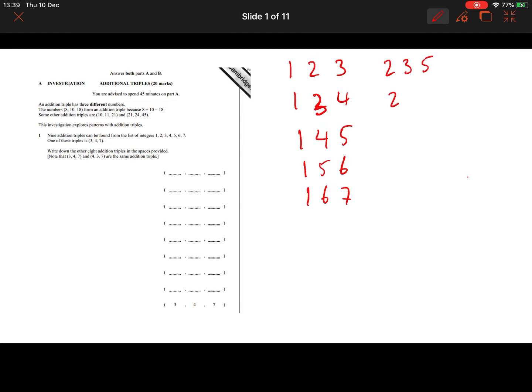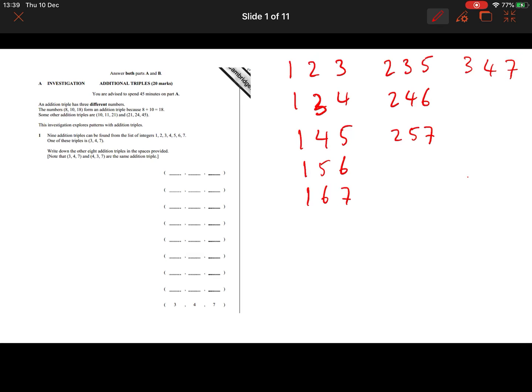That includes all of the 1s. Then we've got 2, 3, 5. 2, 4, 6. 2, 5, and 7. That will include all the ones with a 2. And then the final one, which they already gave you, 3, 4, and 7. So you try to understand what they're talking about and just follow the instructions. Now that hopefully is very, very easy.